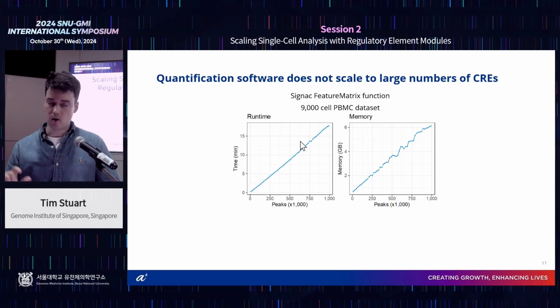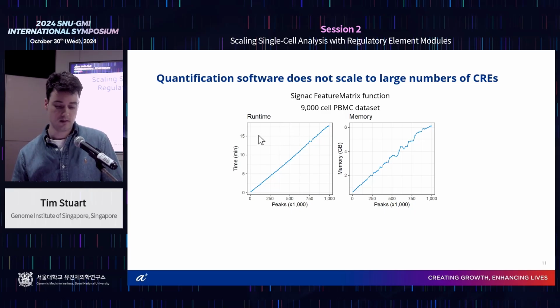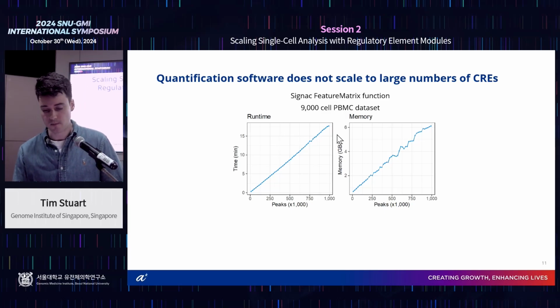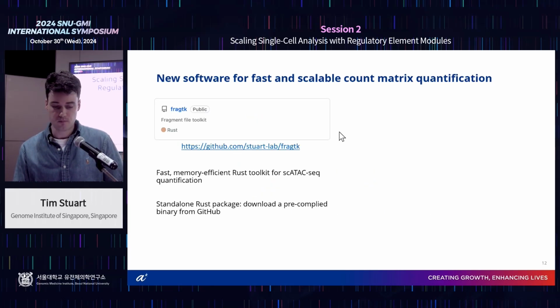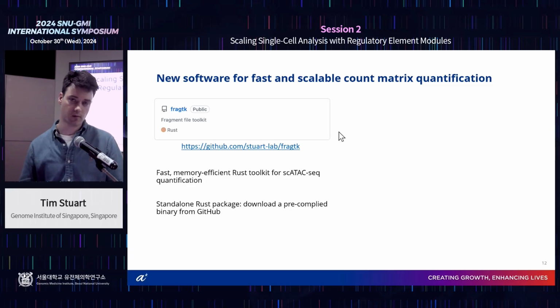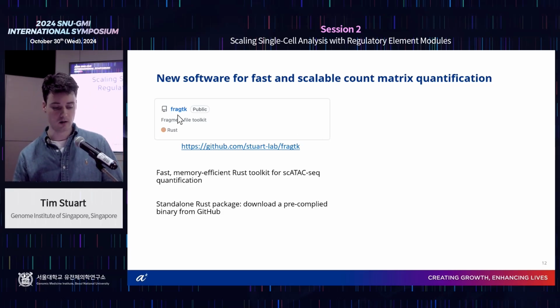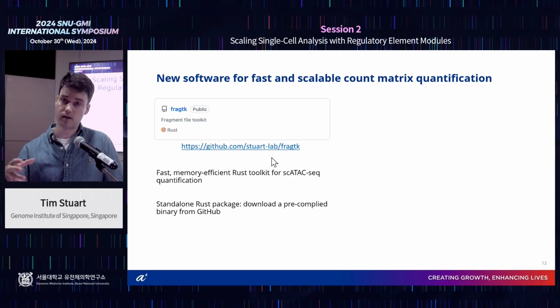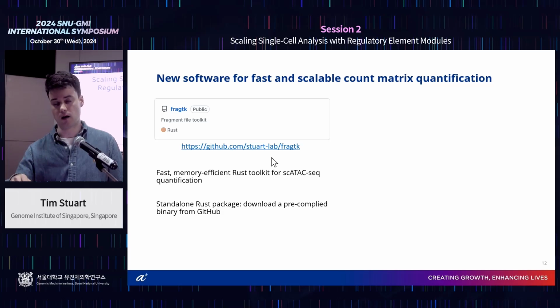And for this small data set, it's not the end of the world because maybe it takes 15 minutes to run. But if we want to scale this to many millions of cells, then this actually becomes a problem, right? So what we did is we developed a new software toolkit that we called Fragment File Toolkit, FragTK, that's implemented in Rust, which is a different programming language, and enables running this matrix quantification, so building some region by cell matrix from your raw data.